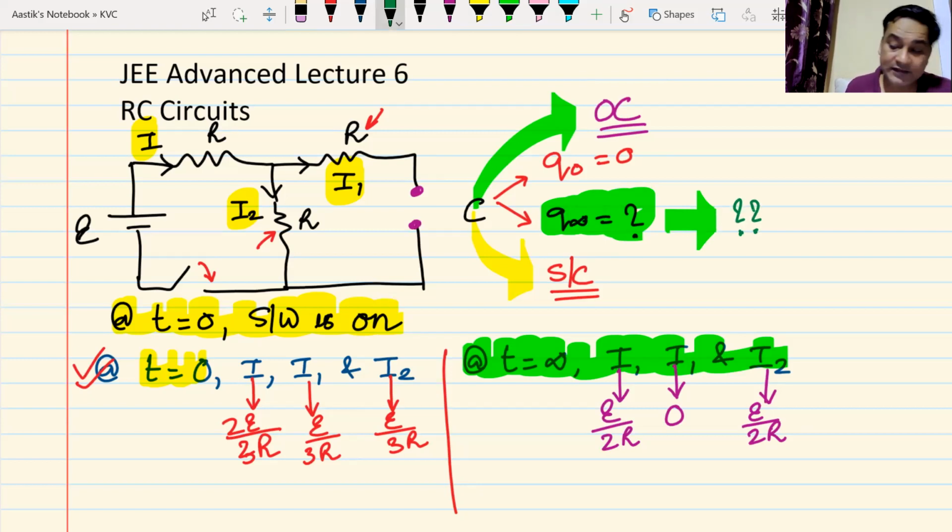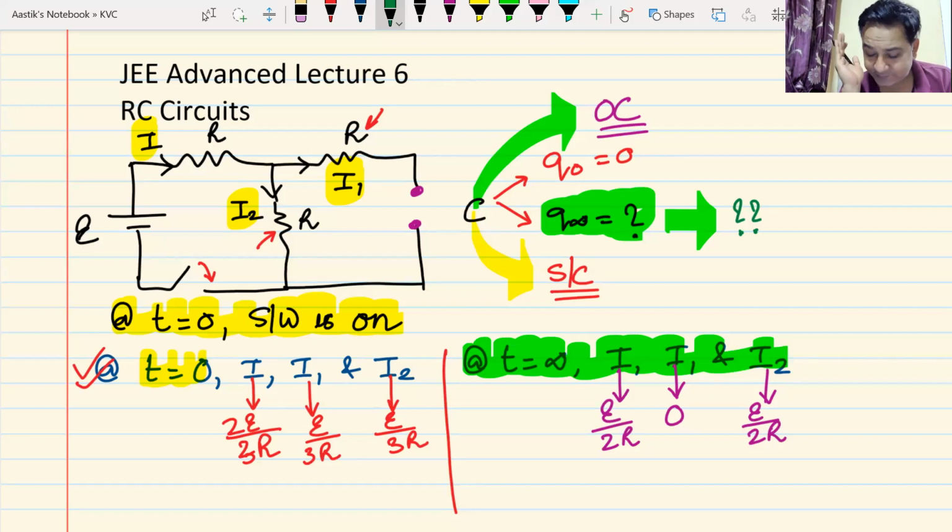So now again I give you time to find out the final charge on the capacitor, the charge at infinity, or simply the charge on the capacitor, and I'll give you 2 minutes to think about it. Don't worry, it's a very simple question. Maybe you did not understand the theory behind it. Whenever anyone is asking the charge on the capacitor, he's basically asking the charge at infinity.